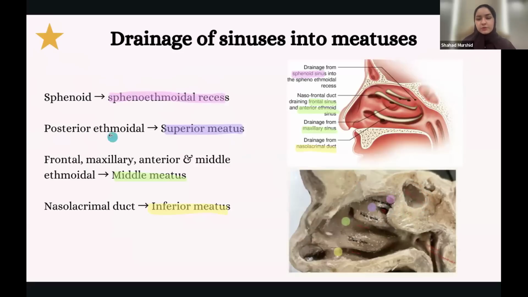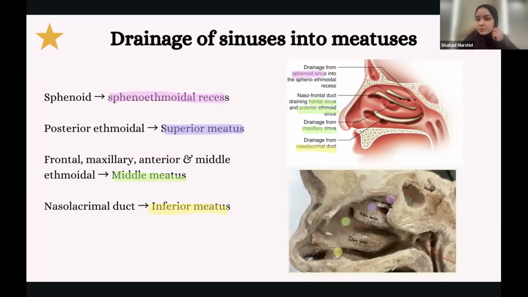The ethmoidal sinuses, we have three: anterior, posterior, and middle. The posterior one drains into the superior meatus. Again, this is the superior meatus, where it drains into. And then for the middle meatus, think of almost everything draining into the middle meatus.